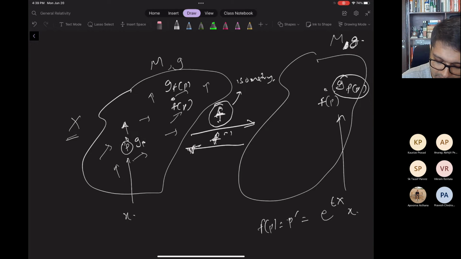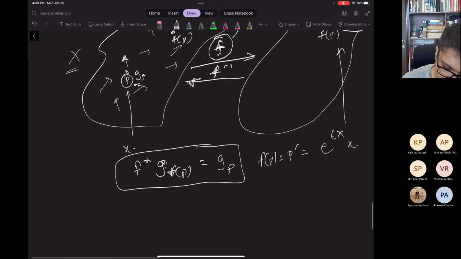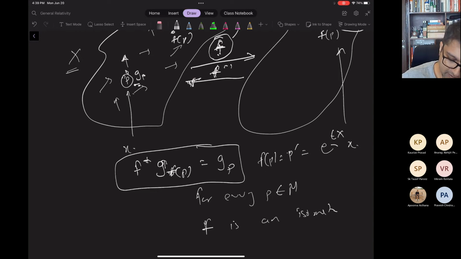Again, if this pullback gives me back the original G of p, so that is if G of f(p), when I pull it back by f star, gives me back the original G of p, then this is an isometry. If this happens for every p belonging to M, then this f is an isometry. And this f is a one parameter family of flows, which means for every t this is an isometry.